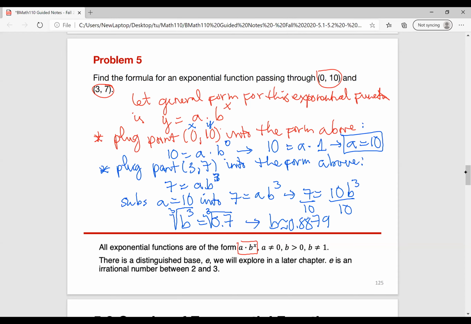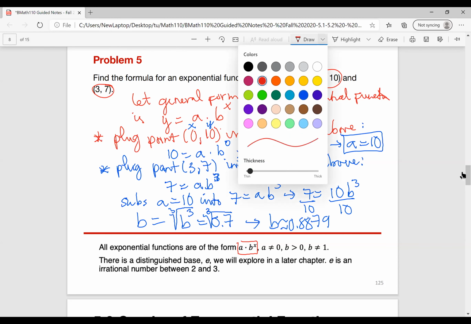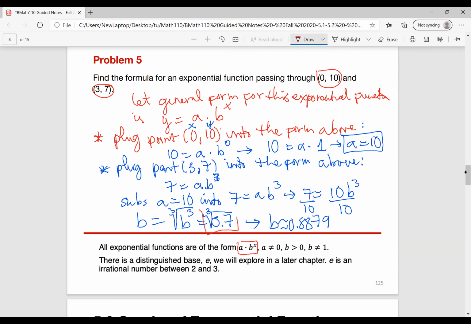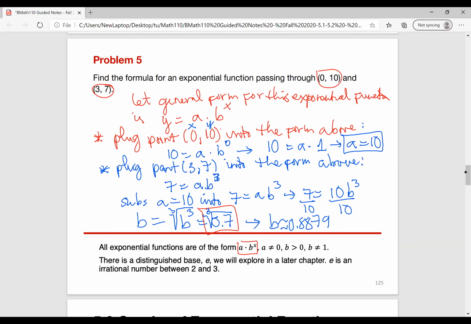You can also keep the exact value, b equal to the cube root of 0.7, to make sure you have a very accurate function, right?